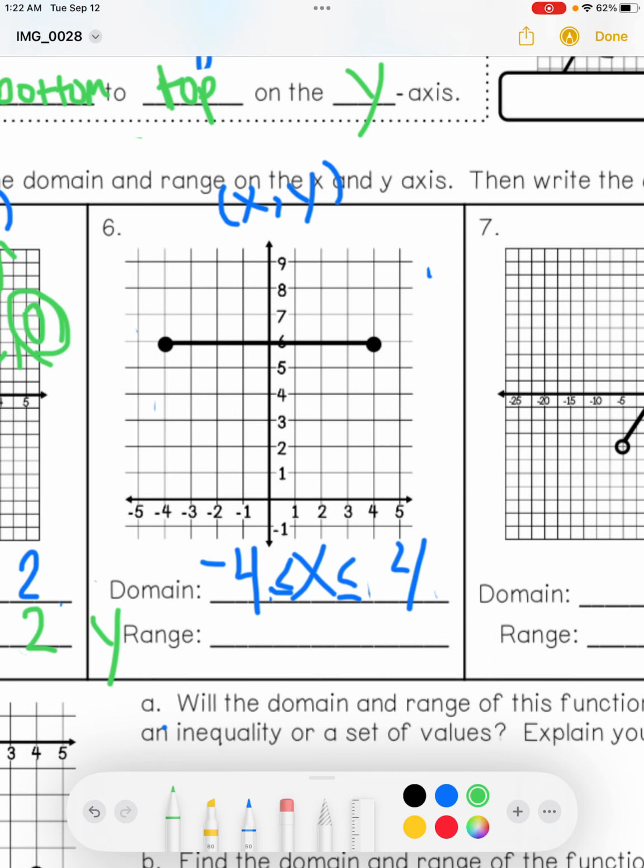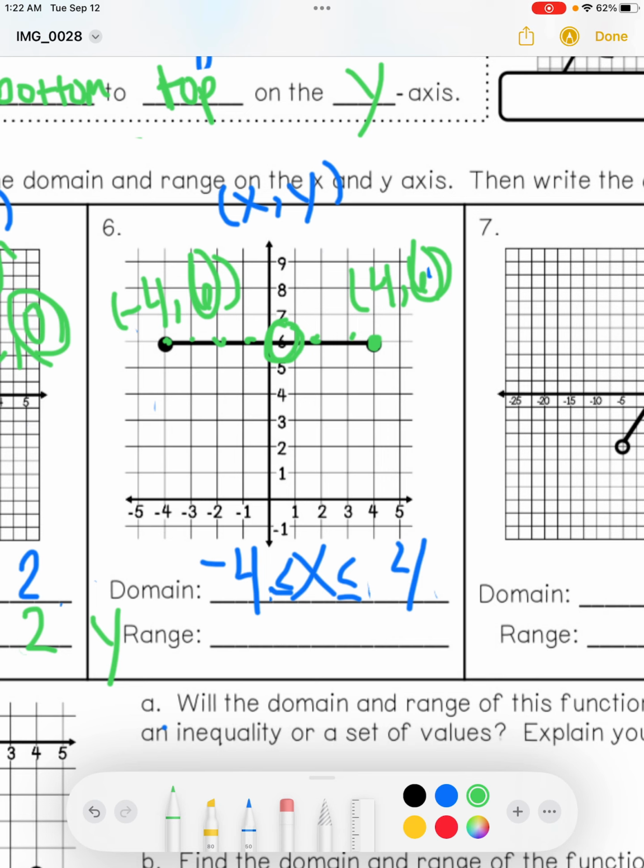Like, what is the only y value that we have? It's 6, right? Because if I look at this coordinate point, well, it's -4, 6, so I'm at 6. If I look at this coordinate point, it's 4, 6, so y value is still 6. If I look in the middle, the y value is still 6, right?